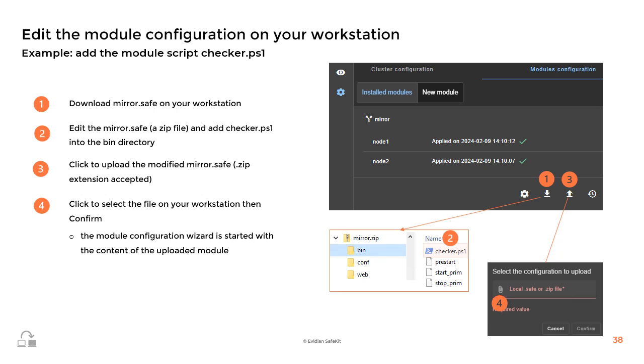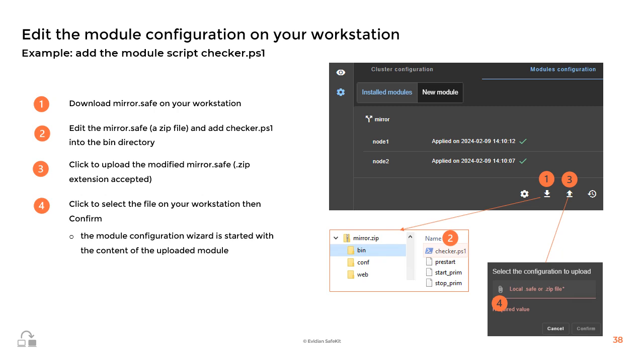Let's delve deeper into how you can edit a module configuration locally on your workstation. In the example of the figure, first, click on the icon to download the mirror.safe file to your workstation. Then, extract on your workstation the contents of mirror.safe, which is essentially a zip file.